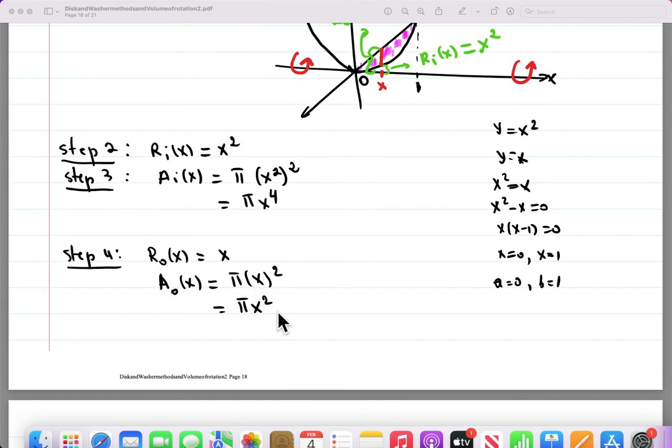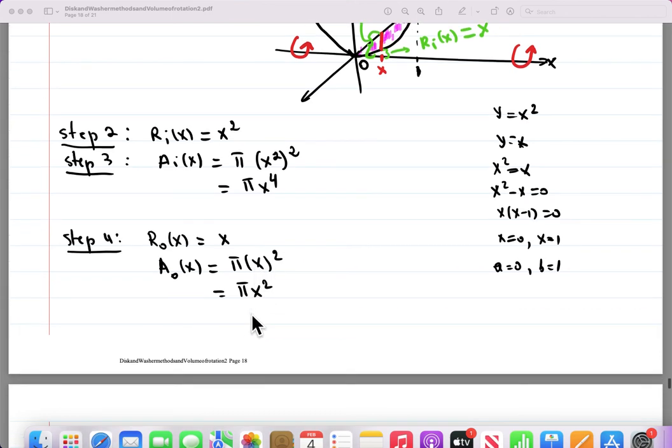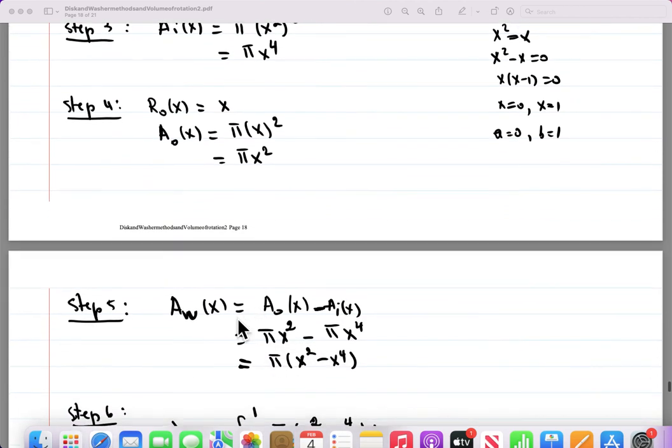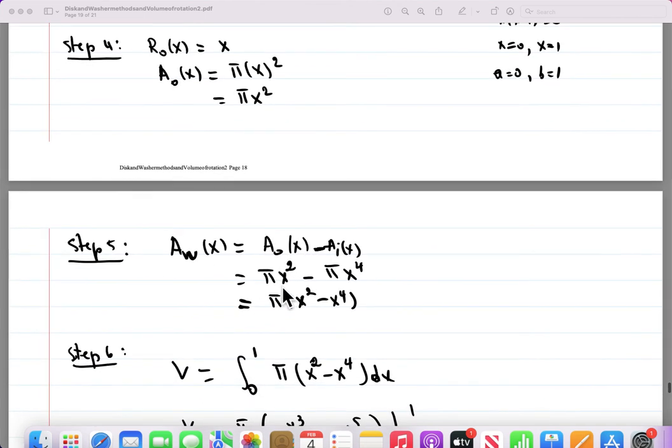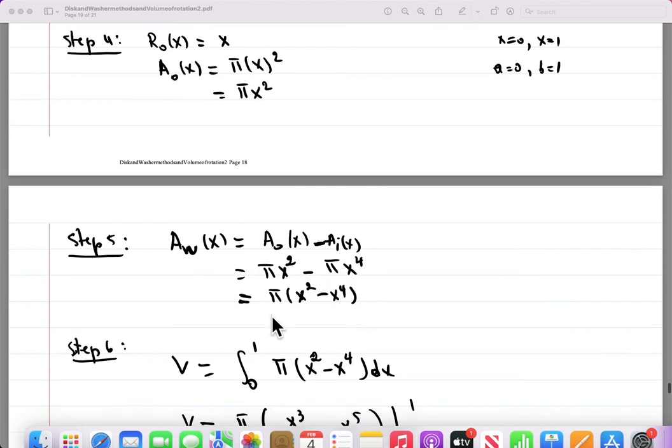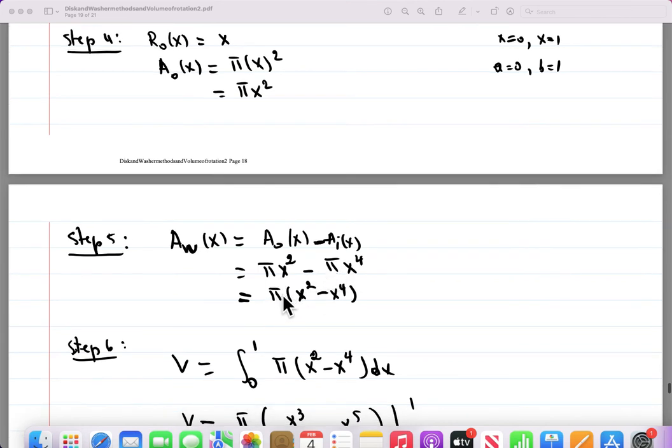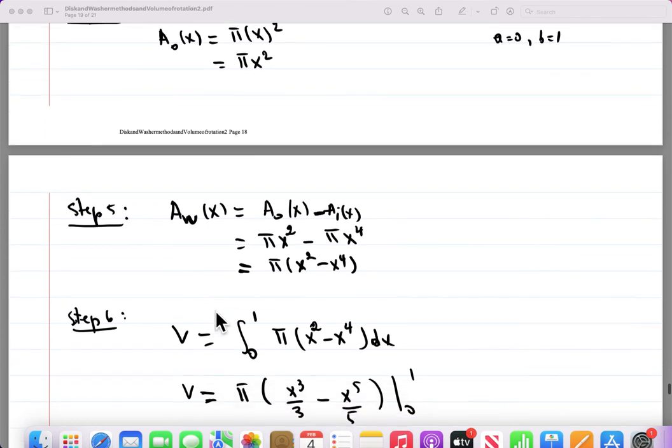So we get the outer area, and we find the area of the washer, which is the outer area minus the inner area. So it's going to be pi x squared minus pi x to the fourth. You can factor out pi to get pi times quantity x squared minus x to the fourth.